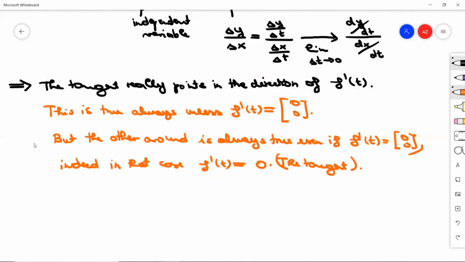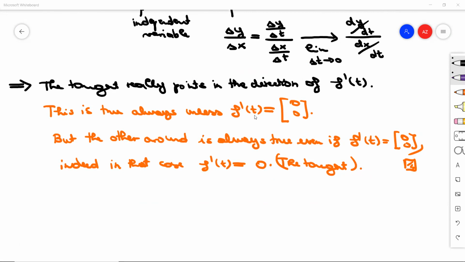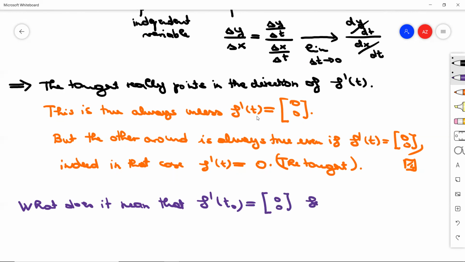Okay, but we don't want such a parameterization where f derivative is 0, because then we don't know if the tangent exists. So let's first answer a few questions. What does it mean that f prime of t, let's say f prime of t naught is 0 for some t naught?